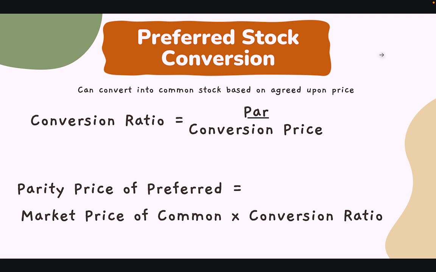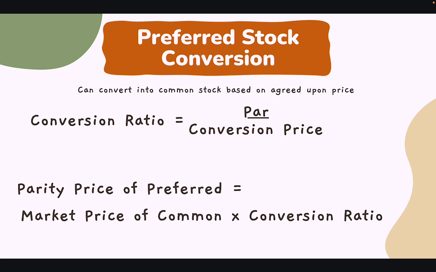Okay, now we talked about, I put this on the slide when we talked about cumulative or convertible, but I just want to go ahead and show you these two ratios when we are looking at preferred stock conversions to common stock. Here we go. Conversion ratio is the par price divided by the conversion price.